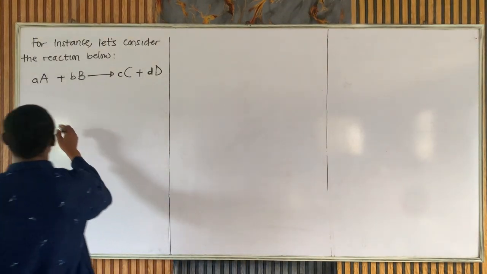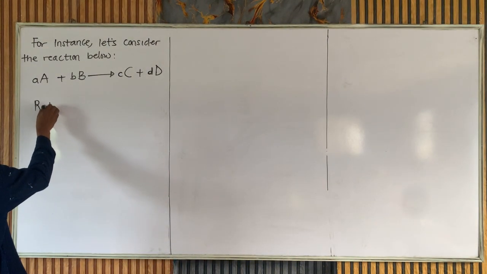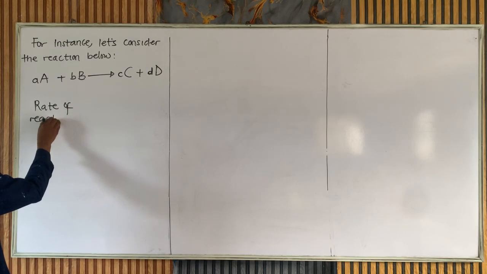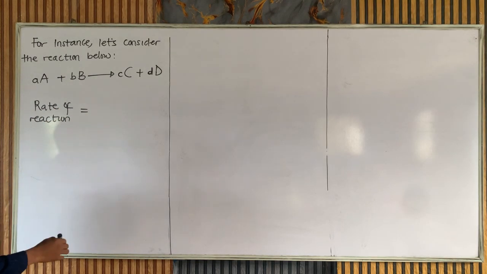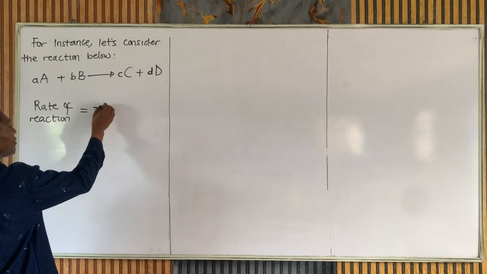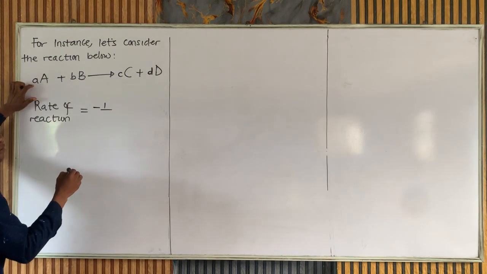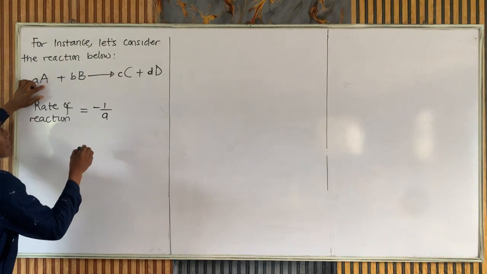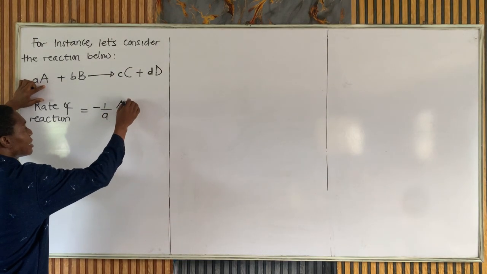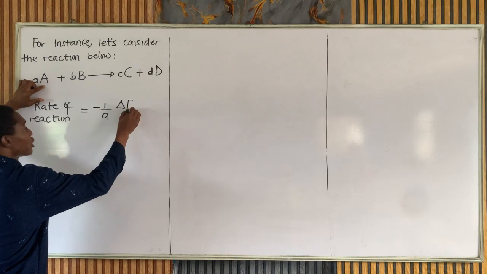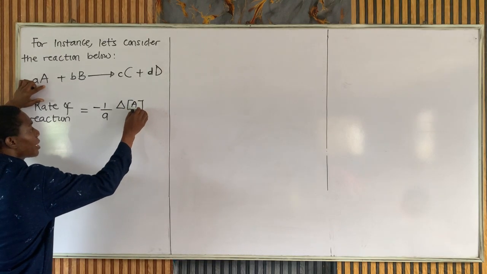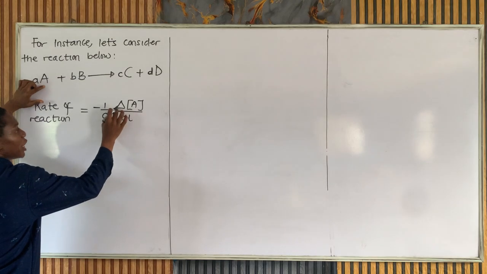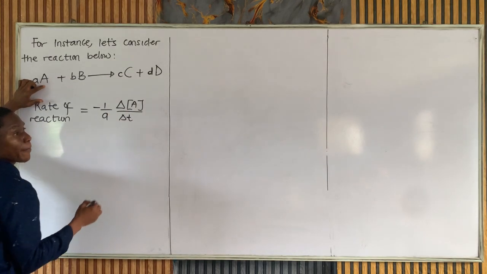Rate of reaction is equal to negative 1 over the coefficient of substance A, times the change in concentration of A over change in time.